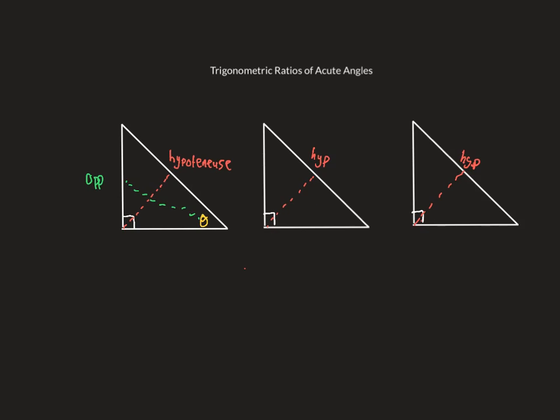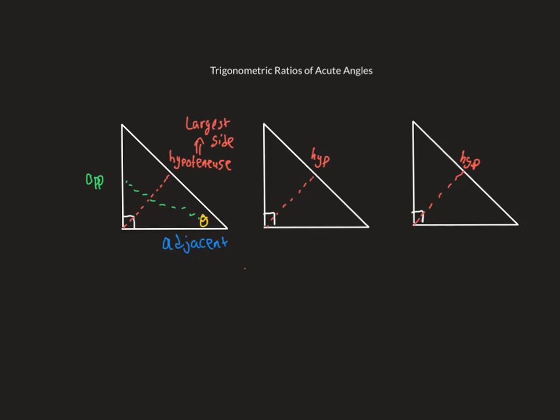And if that's the opposite, then right here would be the adjacent. Now, the other fun fact about the hypotenuse is that it always belongs to the largest side.